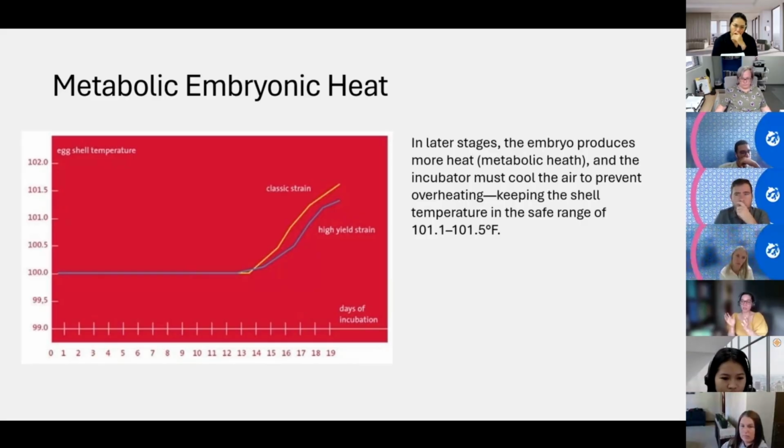Around day 13 or 14, the metabolic heat it produces is extremely high. On that day, the incubator, the setter machine, will change from warming mode to cooling mode, because the heat is so high that we need to start removing it from the machine. That is normal biology, because the embryo is bigger and produces more heat.